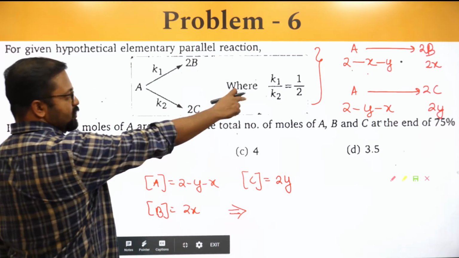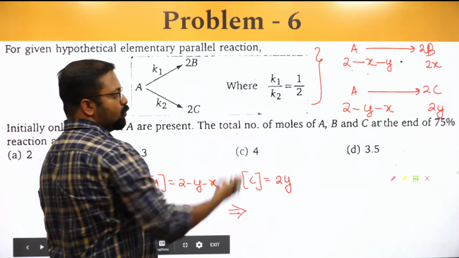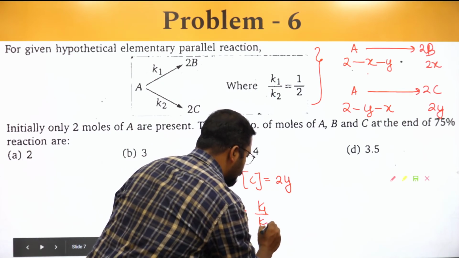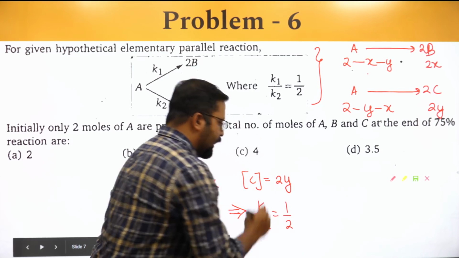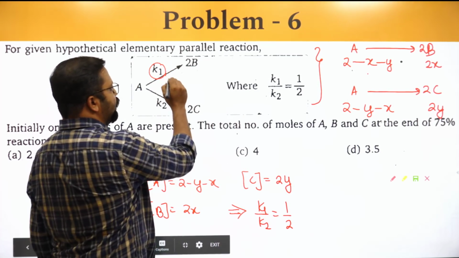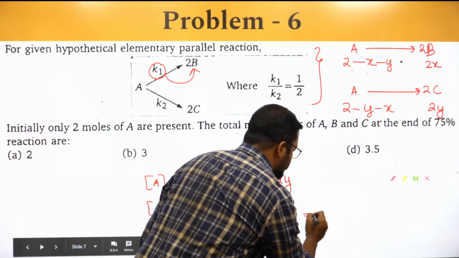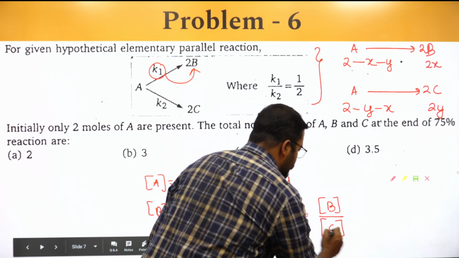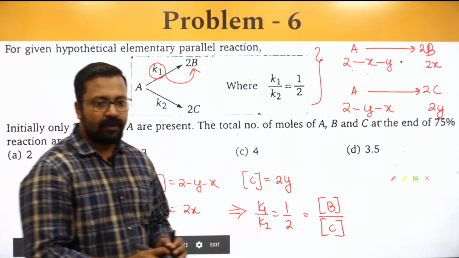Now the second information is given as K1 by K2 is 1:2. Using K1 I am forming B, and C is formed using K2. So can I write that the concentration of B by concentration of C should also be in the same ratio?